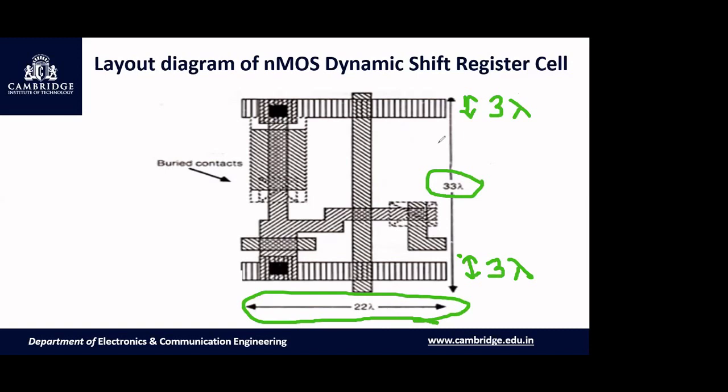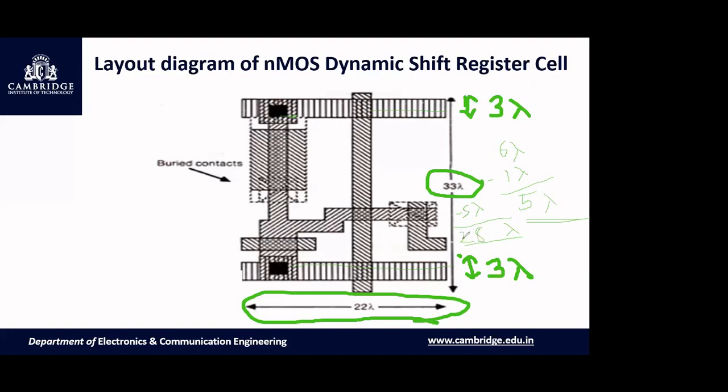So here you can see some 0.5 lambda we can consider for the memory, and here also some 0.5 lambda can be considered for the memory. So totally it is 3 lambda, 3 lambda means 6 lambda will be common. 0.5 plus 0.5 means 1 lambda. We'll subtract 1 lambda from 6 lambda, that means we'll get 5 lambda. So we'll subtract 5 lambda from 33 lambda, so that we'll get 28 lambda.